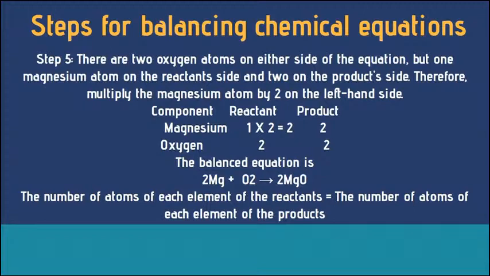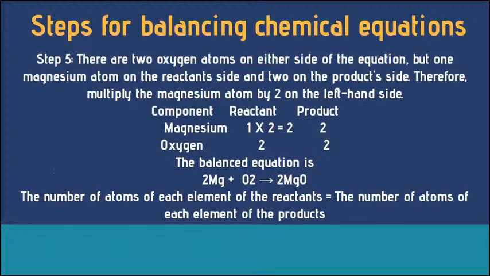Step 5. There are 2 oxygen atoms on either side of the equation, but 1 magnesium atom on the reactant side and 2 on the product side. Therefore, multiply the magnesium atom by 2 on the left hand side. Again, let's make the table: component, reactant and product. Magnesium on the reactant side is 1 into 2, which equals 2.